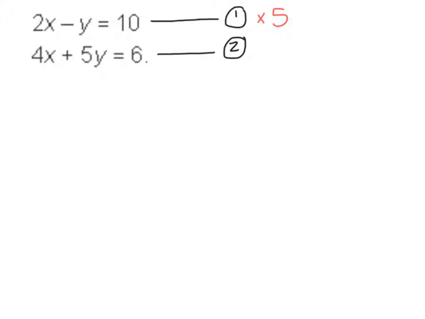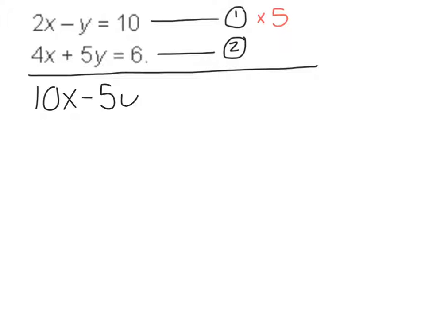So that means we multiply not just the y's by 5, but all the terms in the first equation. So first of all, we have our 2x, and we're going to multiply that by 5. So 2x times 5 is 10x. And then we have our negative y. So multiplying that by 5 is negative 5y.